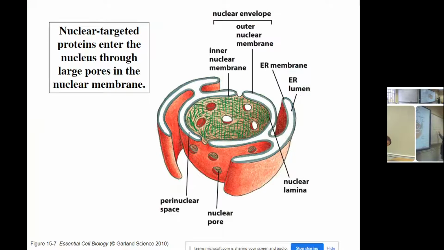I think about these like tent poles. You've got this large membrane system surrounding the nucleus and the DNA, and there are some support proteins that give a little bit of strength to that membrane.